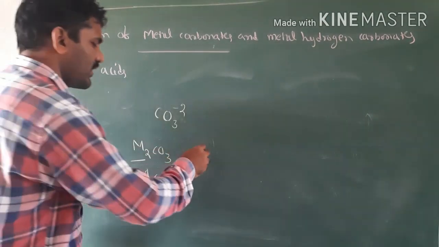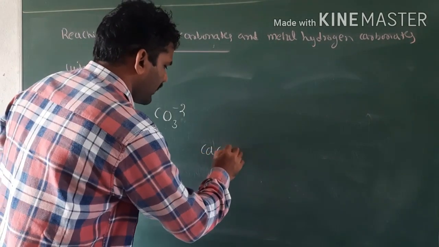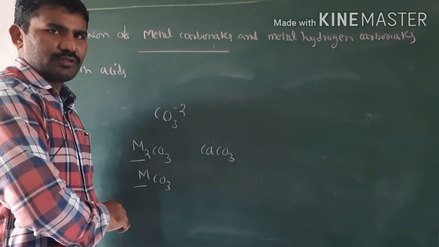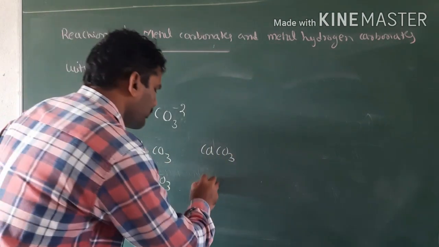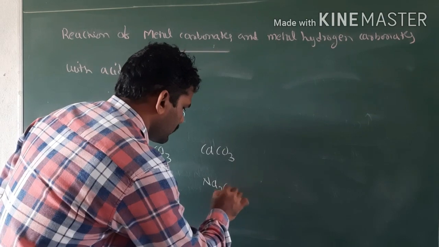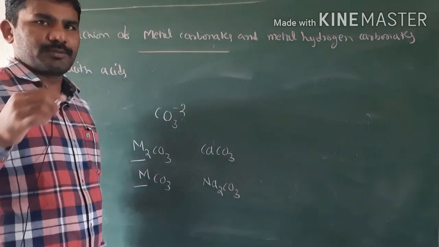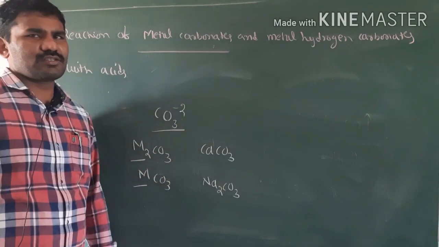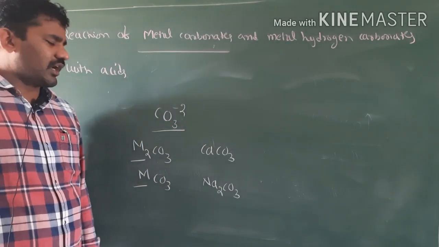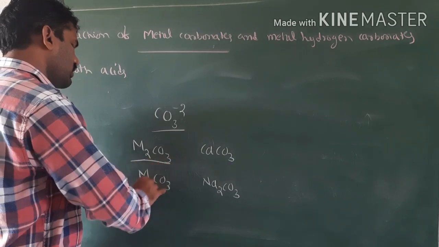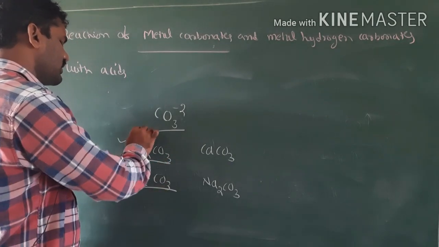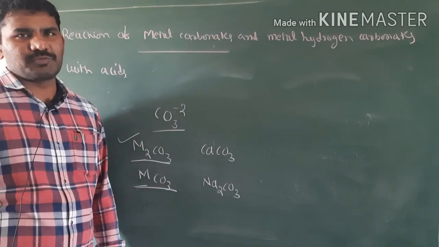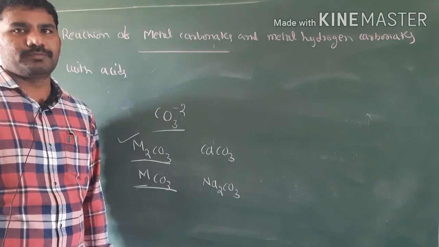Let us see the examples. Calcium carbonate formula we are writing as CaCO3. Sodium carbonate formula we are writing as Na2CO3. So, in case of carbonates, the anion is CO3 2-. The general formula will be either M2CO3 or MCO3. In this case, M is the respective metal cation.